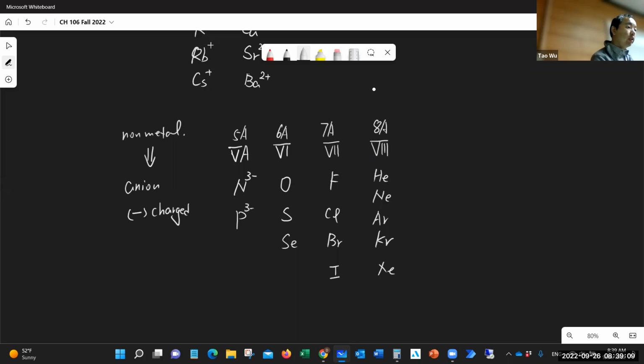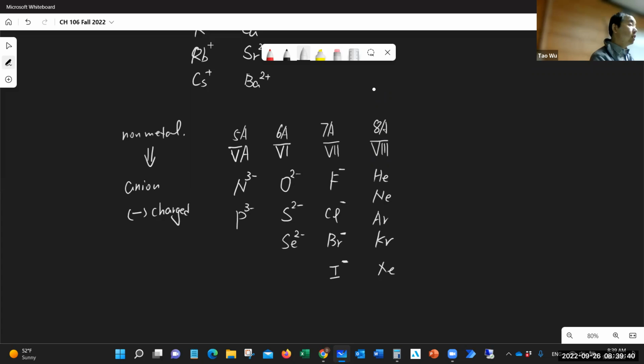The 6A group is 2 away from 8, so they have a 2 negative charge. The 7A group is only 1 away from 8, so if they become anions, they have a 1 negative charge.